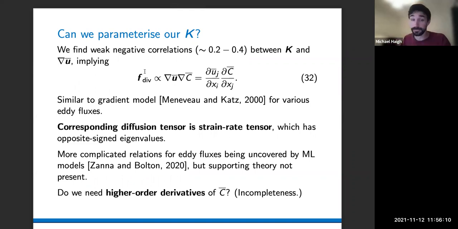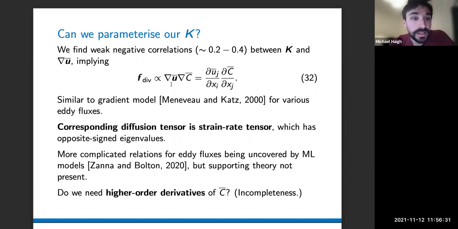Some initial preliminary findings suggest that it may be possible to do this. For example, we find that a very weak negative correlation exists between the transport tensor and the velocity gradient tensor, which implies a closure of this form here for the divergent part of the eddy tracer flux.